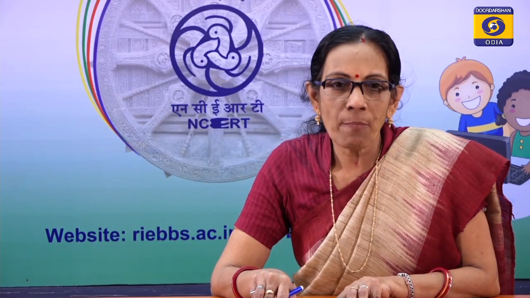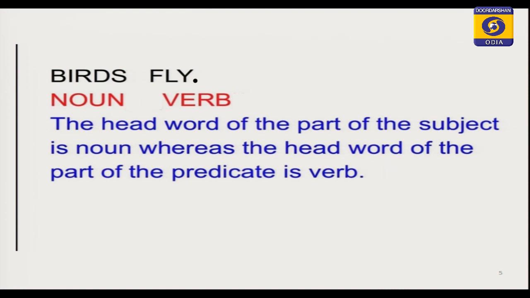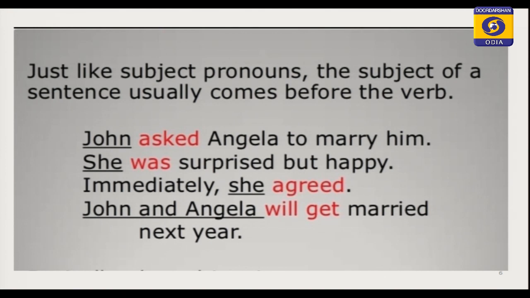So try to remember that the head word of the subject part is a noun, whereas the head word of the predicate part is a verb. Without a noun, a subject is not possible. Without a verb, a predicate is also not possible. I want to tell you that the subject of a sentence usually comes before the verb.